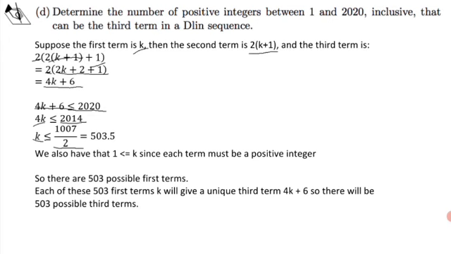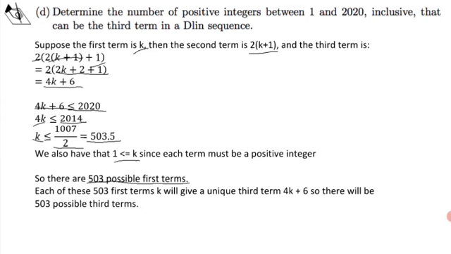And 1007 over 2 evaluates to 503.5. And we also have that k has to be greater than or equal to 1, since each term must be a positive integer as given in the question. Therefore, there are 503 possible first terms that will result in a sequence that we are looking for in this question.